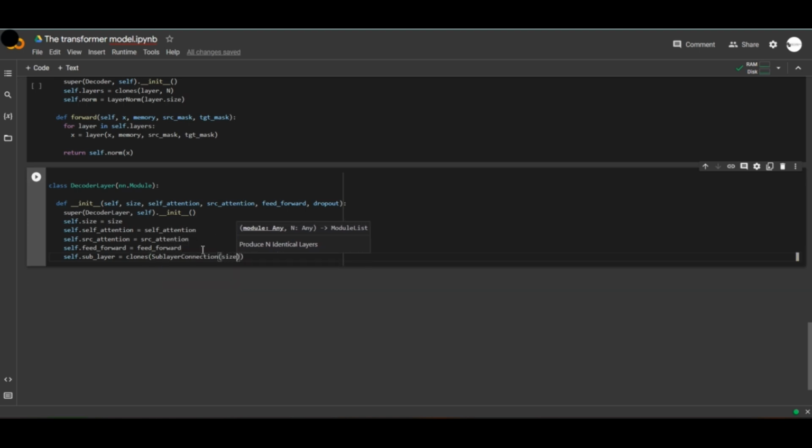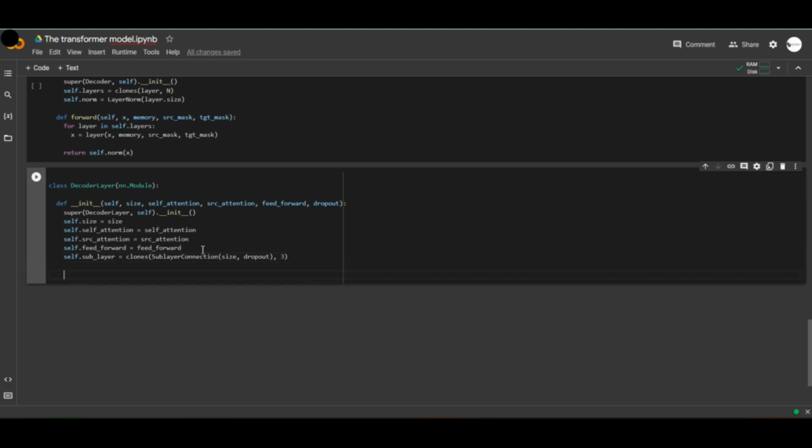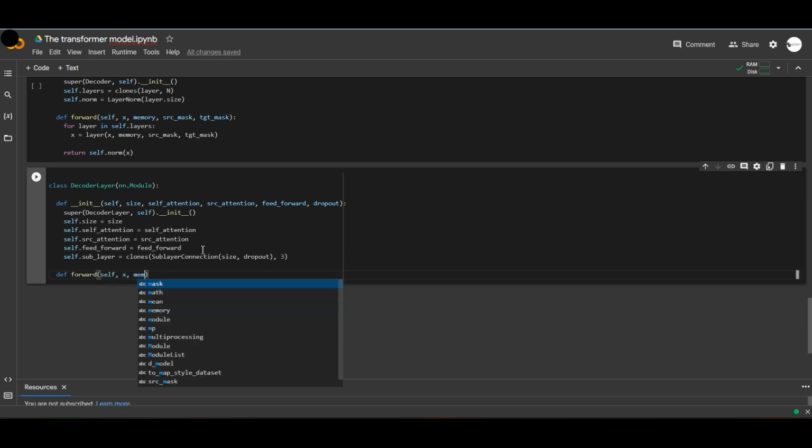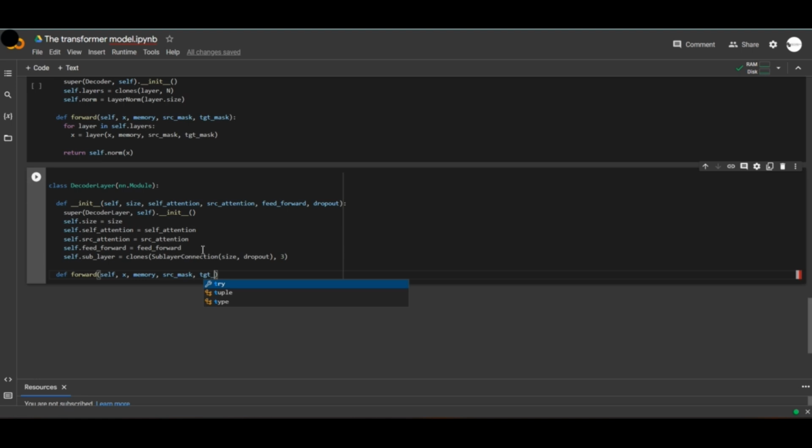We're going to provide the size and dropout, but we have to pass in 3 here because of those 3 sublayers. And how do they work? This is how I'm showing you now. We take in self, X, the memory, the source mask, and the target mask.